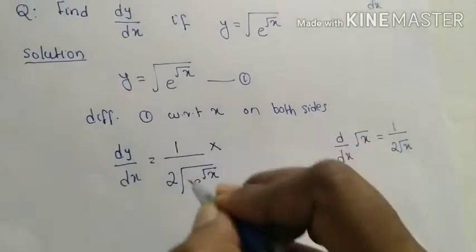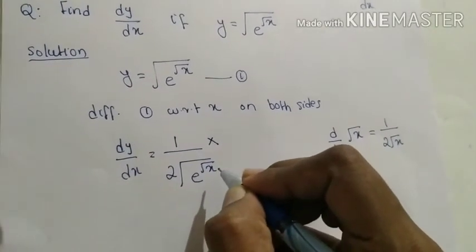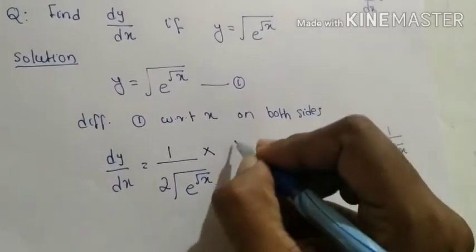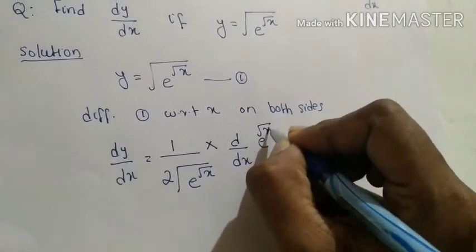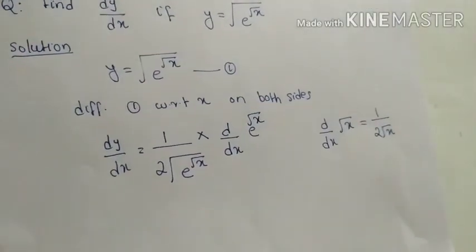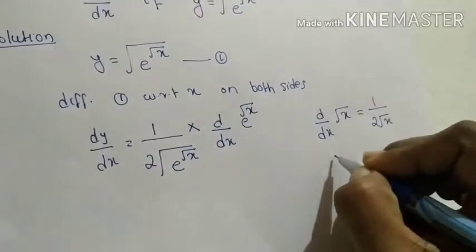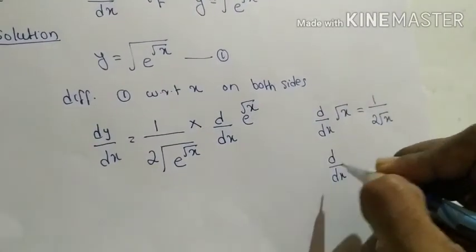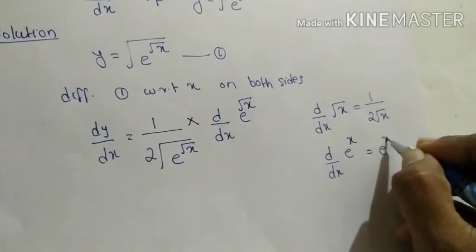into, here e raised to root x is another function, right? So using chain rule, we need to calculate the derivative of e raised to root x. Again, we know that the standard derivative of e raised to x is e raised to x itself.